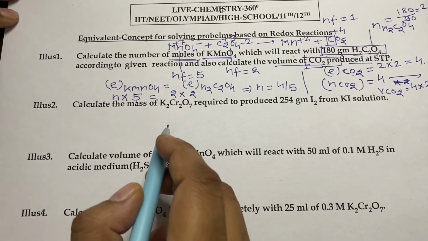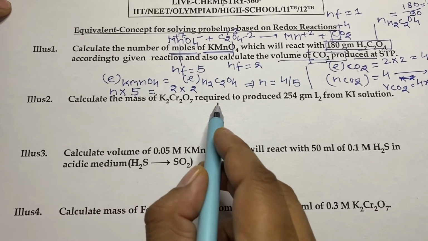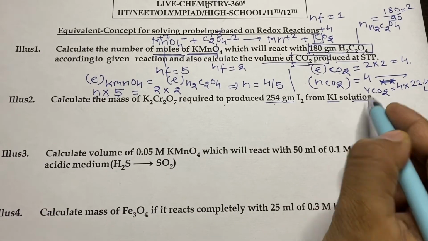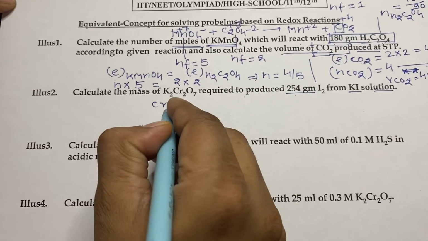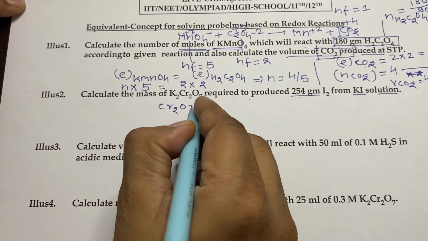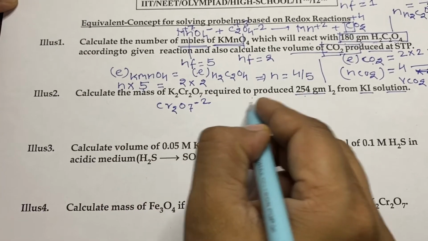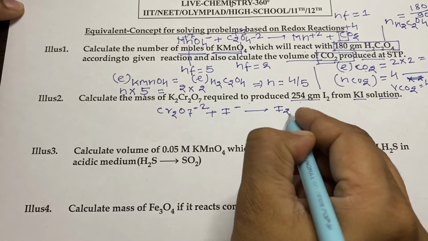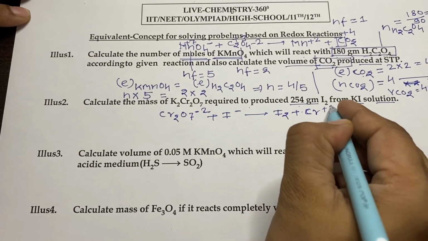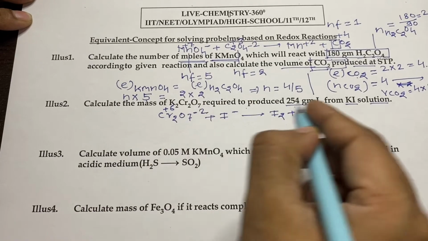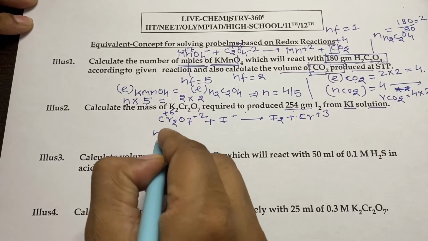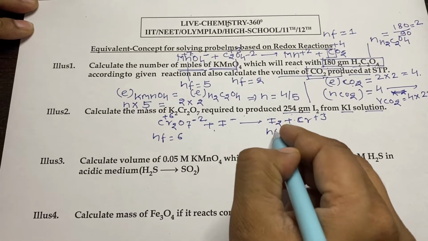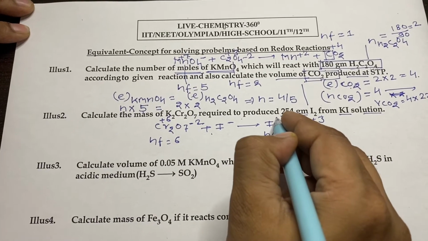In the second question, it is given to calculate the mass of K2Cr2O7 required to produce 254 gram of I2 from KI solution. So we will write the expected redox changes. Cr2O7 2- and I minus will produce I2 and Cr 3+. Cr goes from +6 to +3, so the n factor will be 6, and here the n factor will be 2.